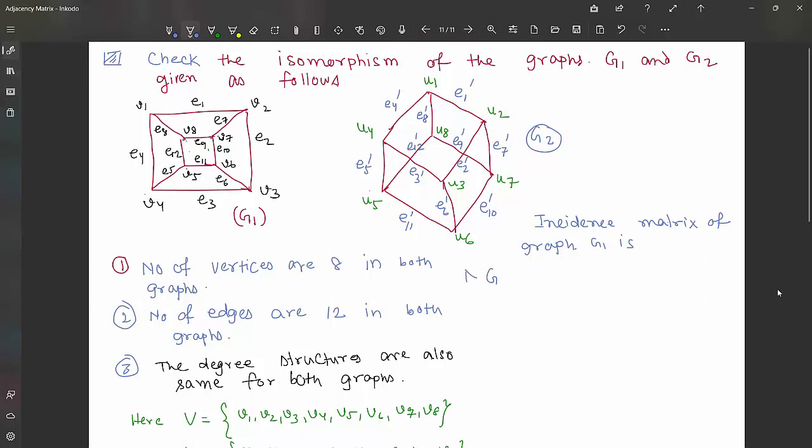So M of G1 is equal to this graph, and where there are so many edges, so it will be a lengthy incidence matrix. So in this graph there will be E1, E2, E3, E4, E5, E6, E7, E8, E9, E10, E11 and E12.